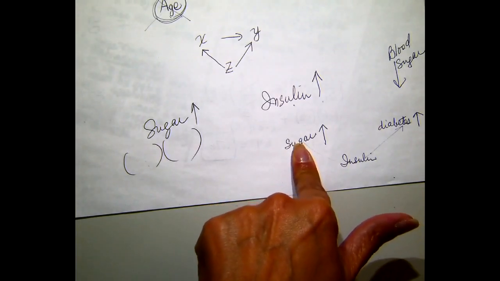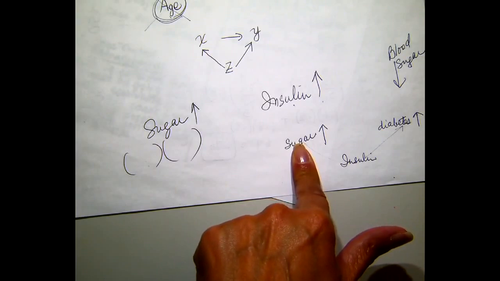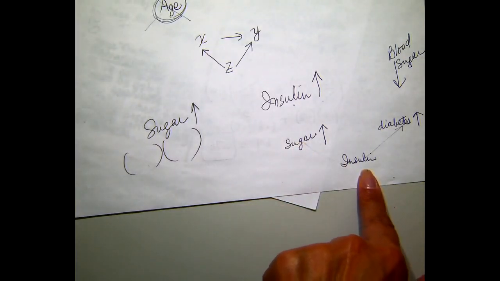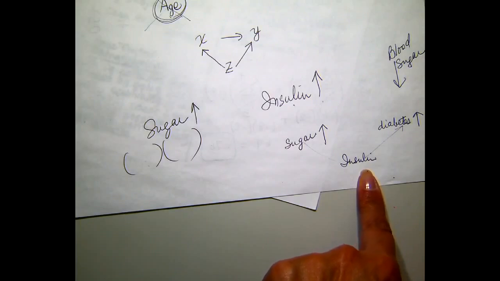Go ahead, sir. Type 1 diabetics will not produce their own insulin? Okay, so would insulin be a confounder? No, right?